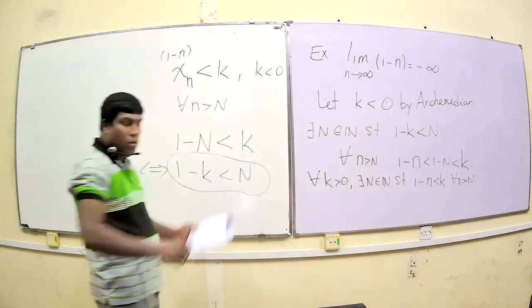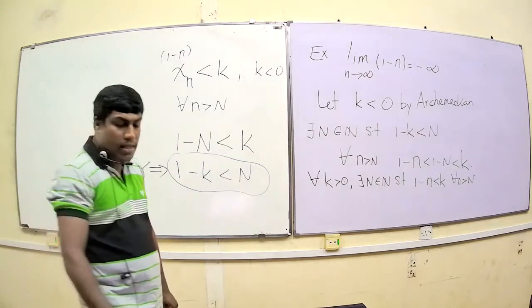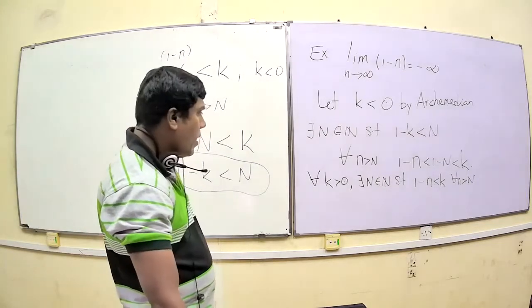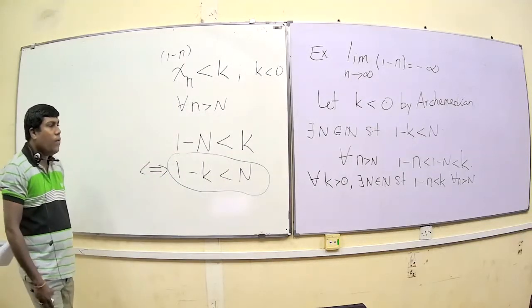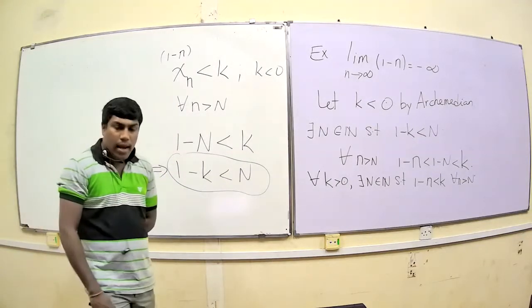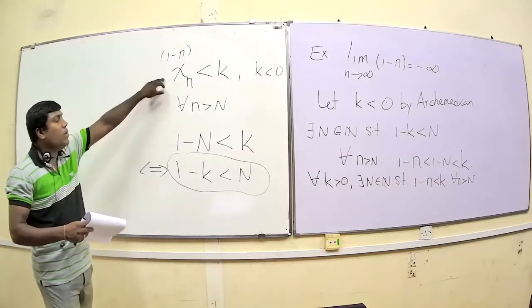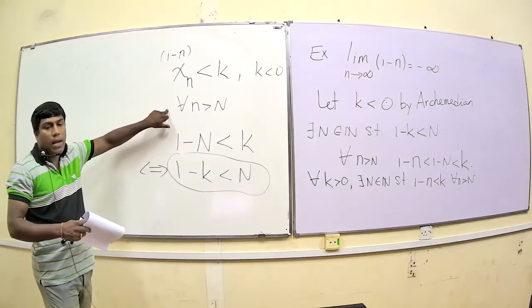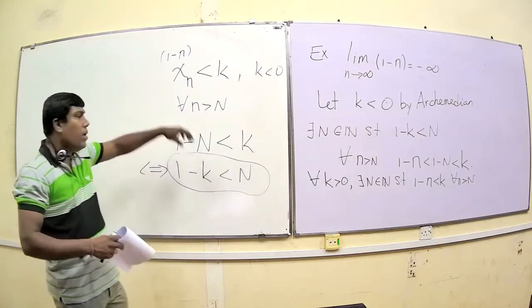So this is what we show: for all k, there exists a natural number N such that 1 minus n is less than k for all n greater than N. That is the definition for the limit as n goes to infinity being equal to minus infinity.